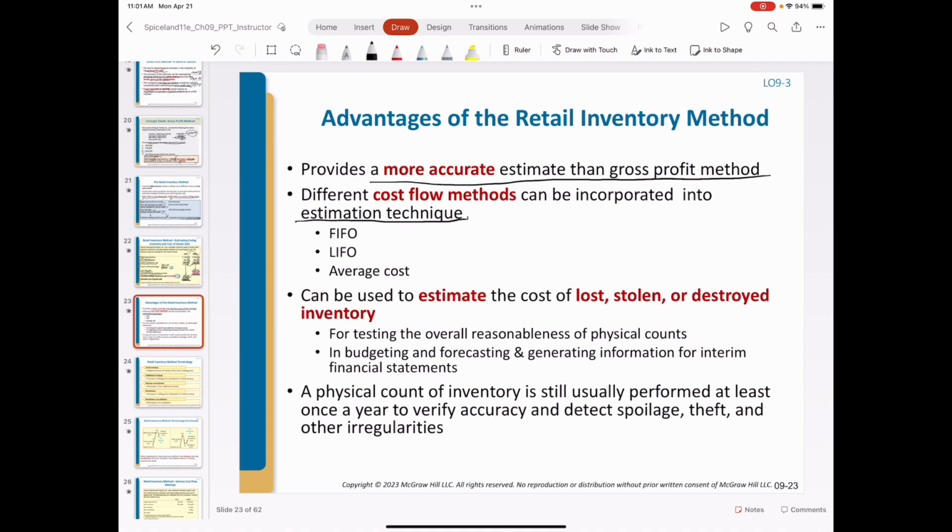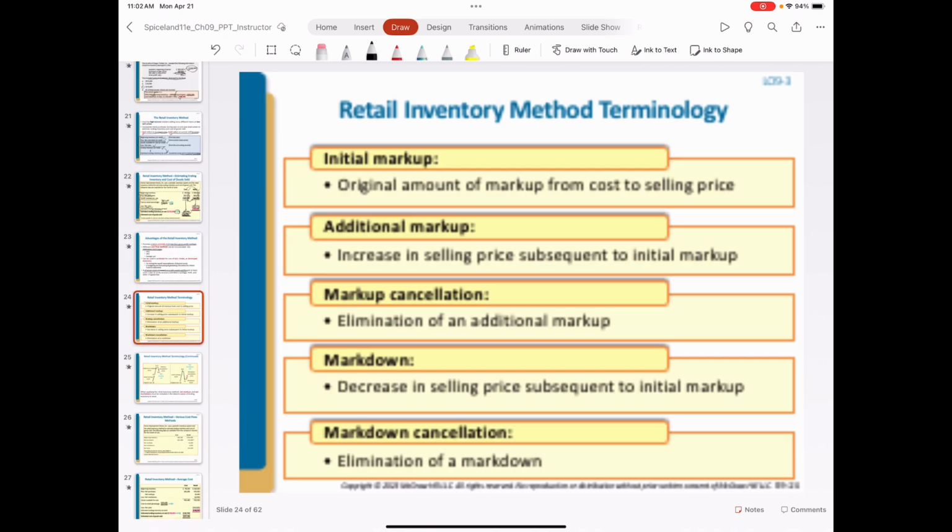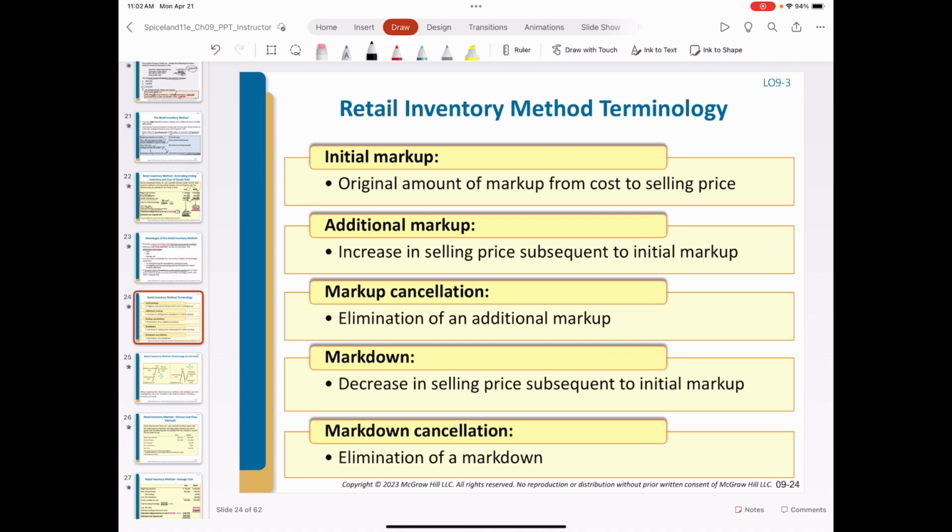It can be used to estimate the cost of lost, stolen, and destroyed inventory, which is similar to the gross profit methods. Although companies use these methods to estimate the balance of inventory and the cost of goods sold, at the end of each year they also need to physically count the inventory, which is part of inventory management.